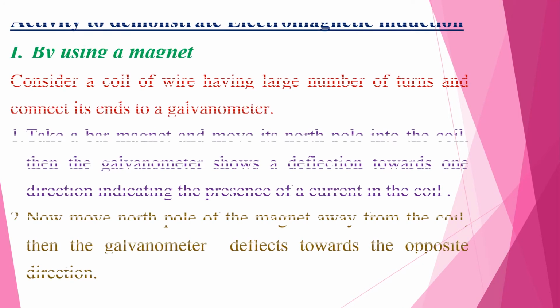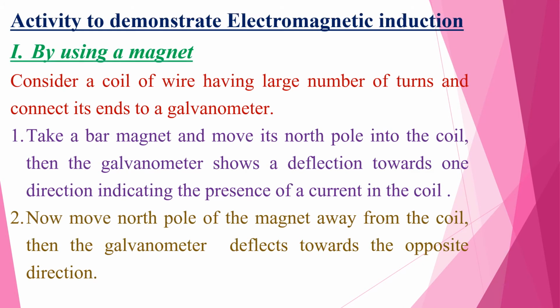Now we will move to the activity to demonstrate electromagnetic induction. The first method is by using a magnet. For this, consider a coil of wire having a large number of turns and connect the ends of this coil to a galvanometer, which is used to detect the presence of electric current in the coil.